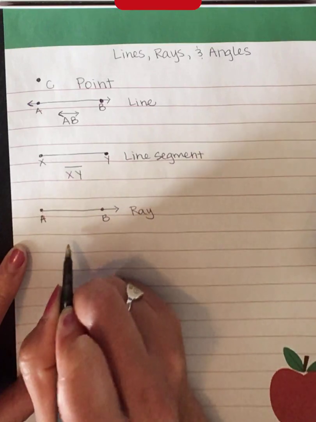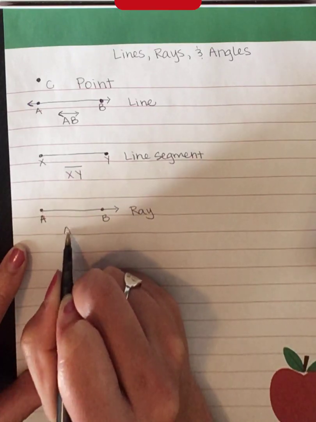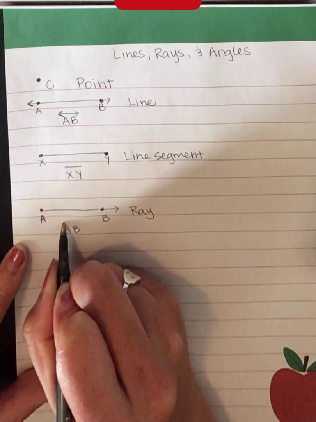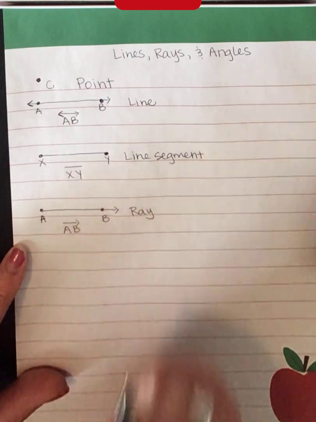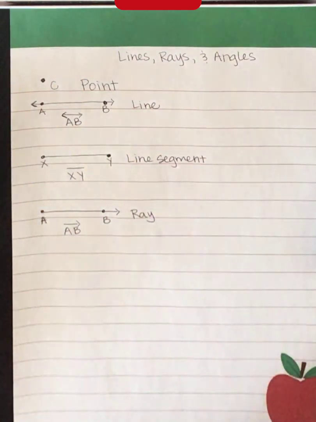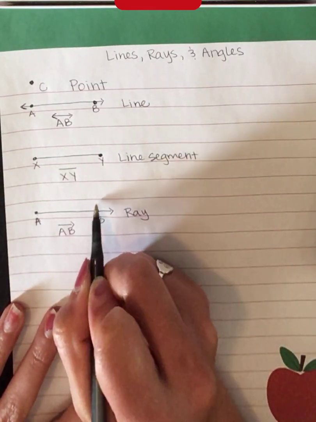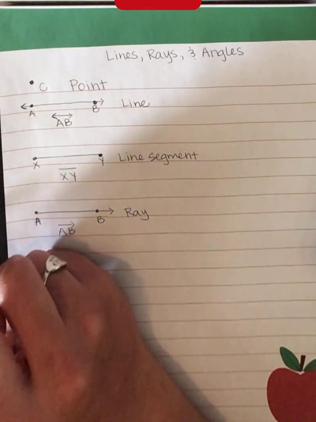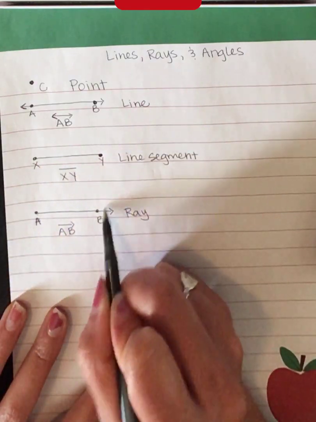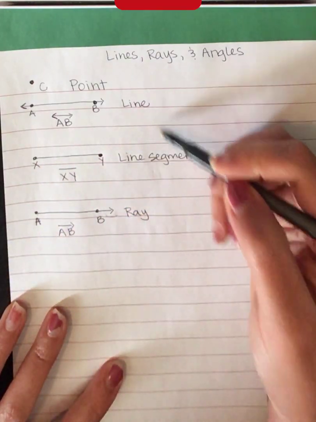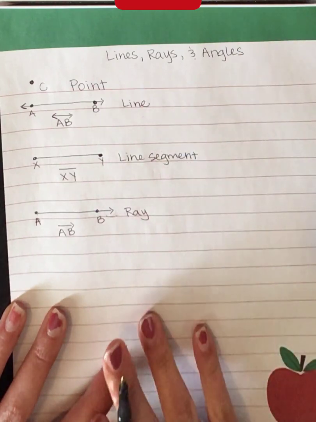Okay, and we would name it ray AB with one arrow. Now the ray could go the other direction as well, so don't get confused. You could have a ray that starts here with B and goes through A, but a ray always just has one line. It's kind of the combination between the two.